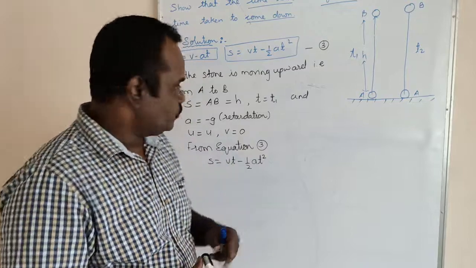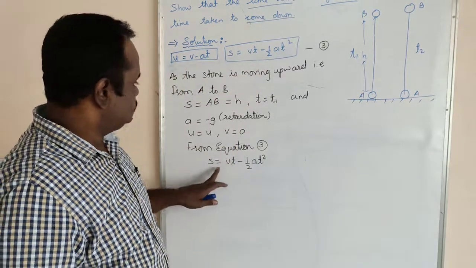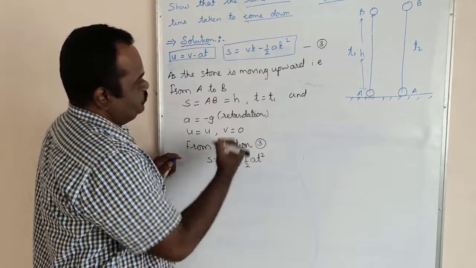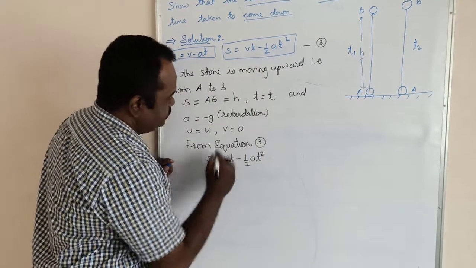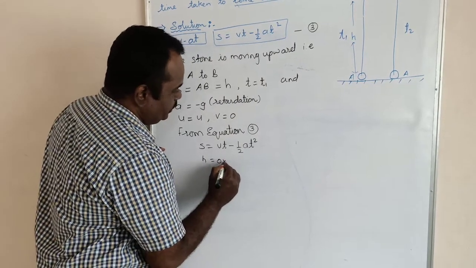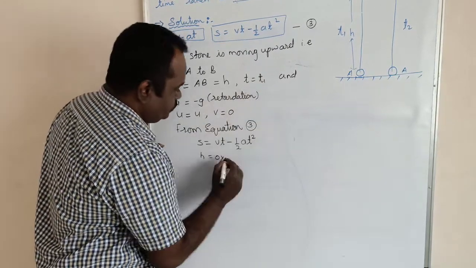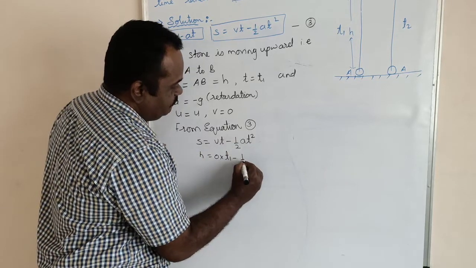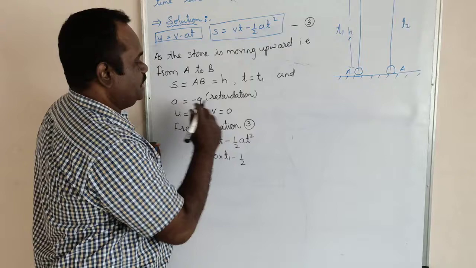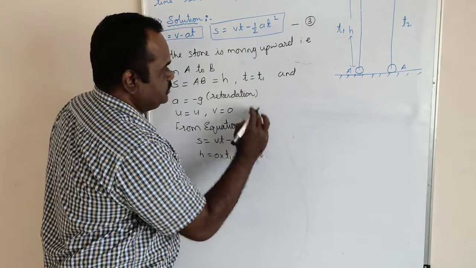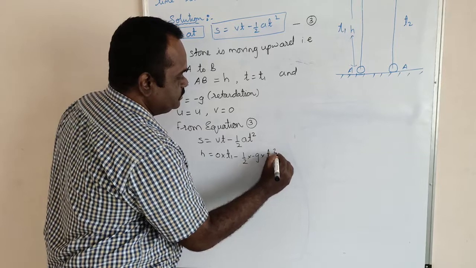Now from equation 3, s is equal to vt minus half at square. s we know is h. Let us substitute those values. h, v is 0 multiplied by T1, minus half, a is minus g, into T1 square.